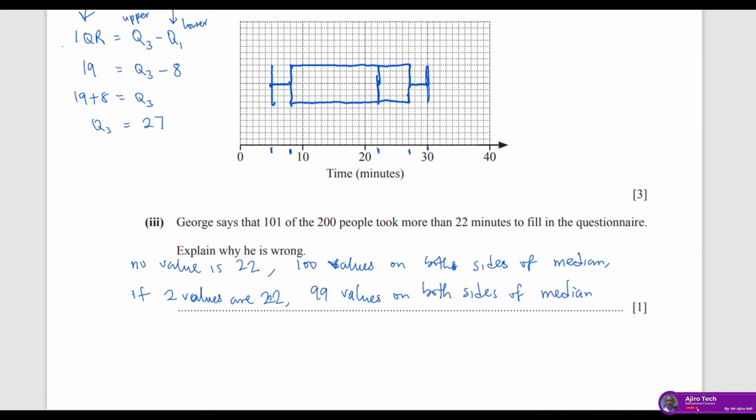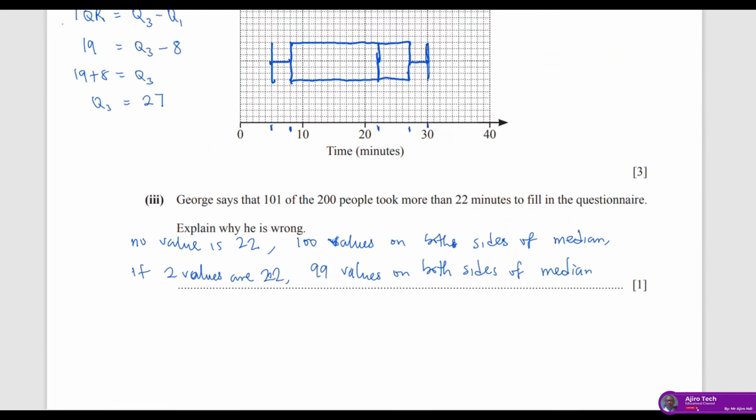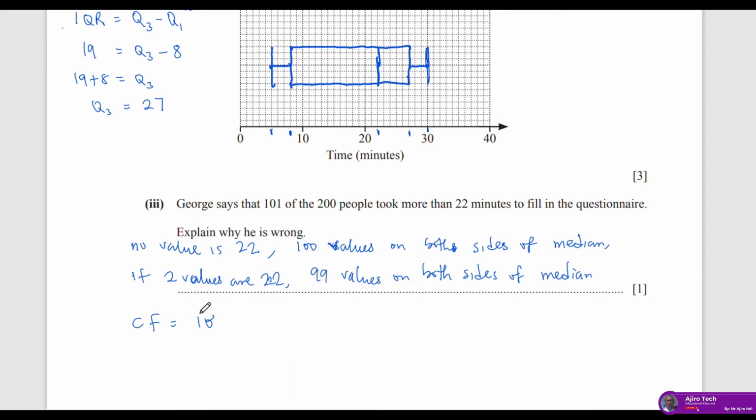You are right. Now, the reason for this is that since the cumulative frequency is 200, the median position should be 2, which is half of 200, which is 100 and 101.